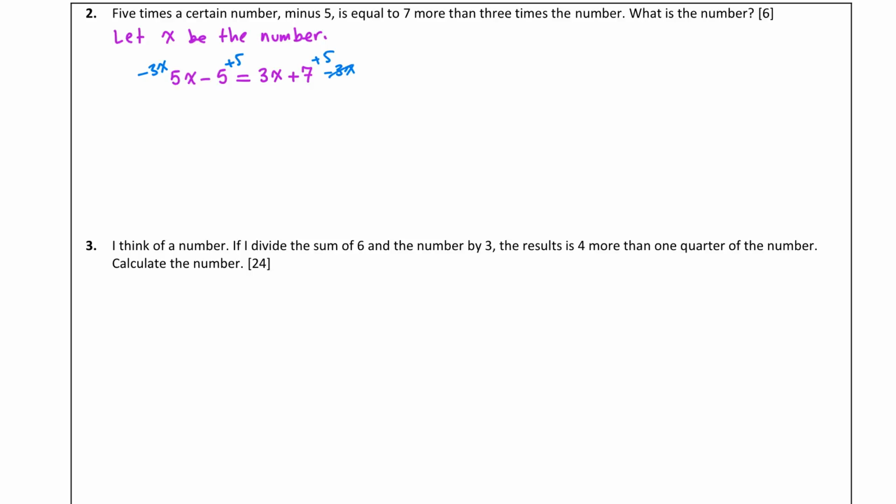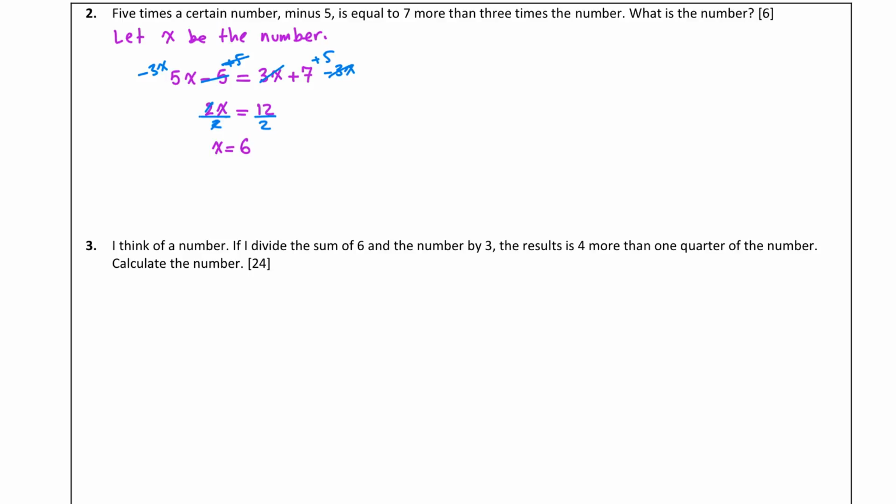So the -3x will cancel out this term, so on the right side all I have is 7 plus 5, which is equal to 12, and on the left hand side the -5 and the 5 will cancel out, and I will have 5x minus 3x, which is 2x. My variable isn't isolated yet. It's being multiplied by 2, so I have to divide by 2 to get rid of the 2. And I will end up getting x is equal to 12 divided by 2, which is equal to 6.